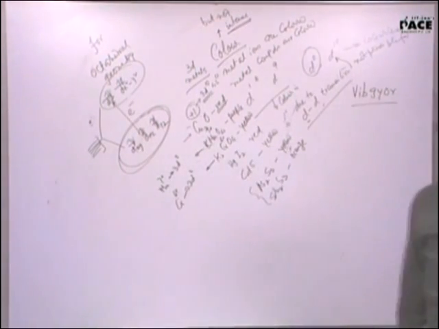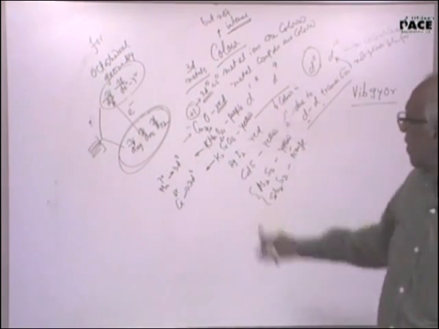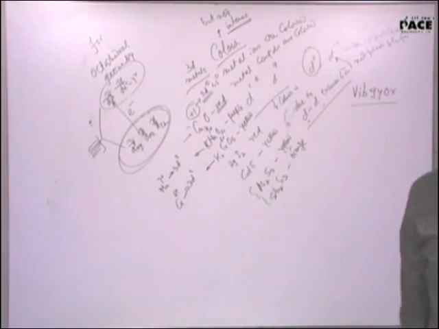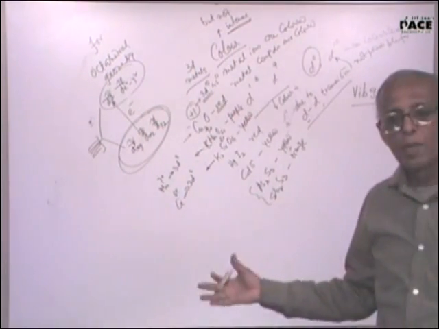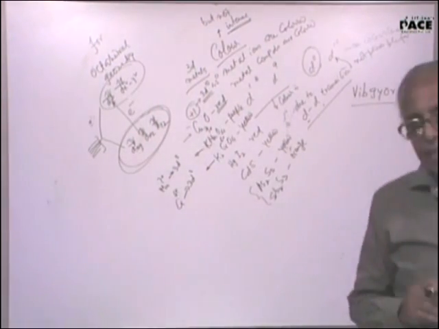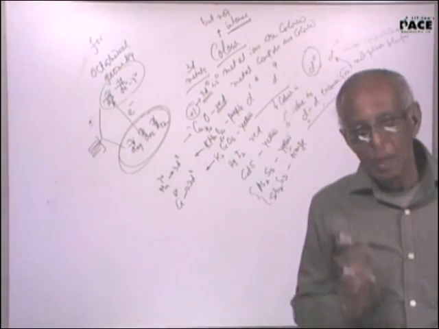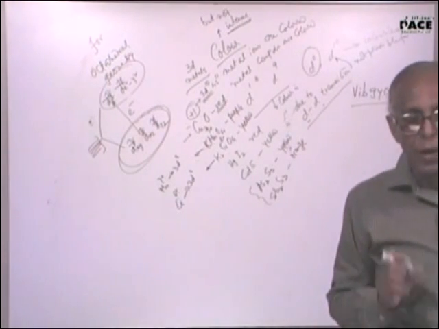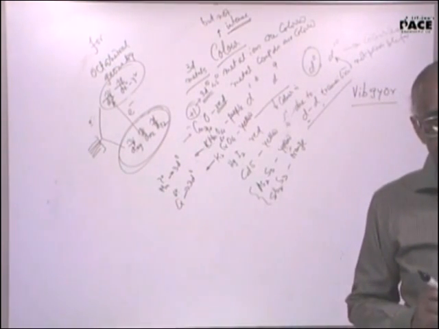So I said, in order to show color, d1 to d9 should show color. But you see, permanganate, everybody knows permanganate solution is purple. Potassium chromate is yellow. Have you seen potassium dichromate? What is the color of potassium dichromate?